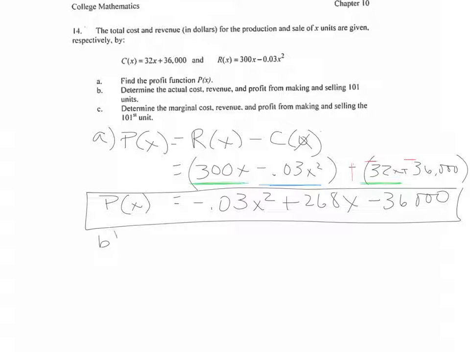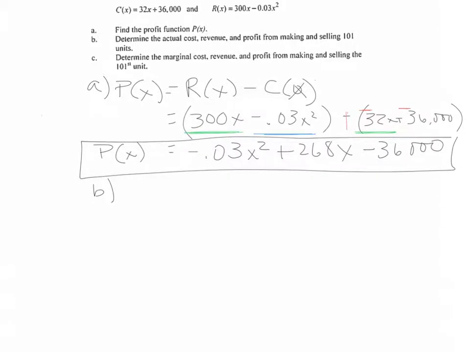Now, can we determine the actual cost, revenue, and profit from making and selling 101 units? What do you think? By doing what? Yeah, plugging into these equations. Have we had to take a derivative anywhere yet? No. So if I want to find the cost of 101 units, I'm going to go to that cost function, and I'm going to put 101 in for x.